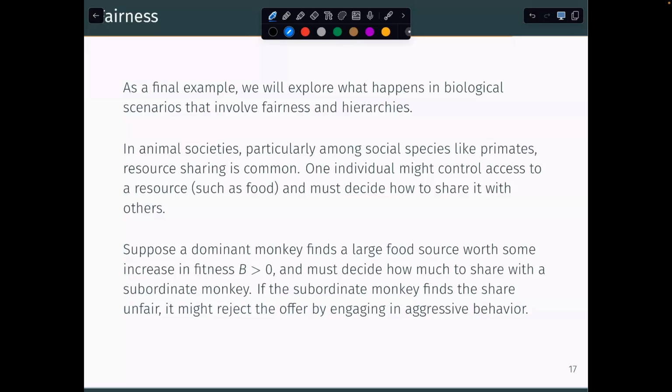So individuals might vary in their status within these social groups, and how resources are divided up within those groups might depend on this dominance hierarchy. So the key question then is how do we maintain some sense of social cohesion within these groups? Should it always be that these dominant individuals just take all the resources for themselves? Perhaps there's a cost of doing that.